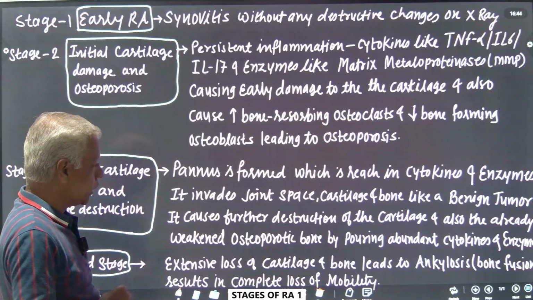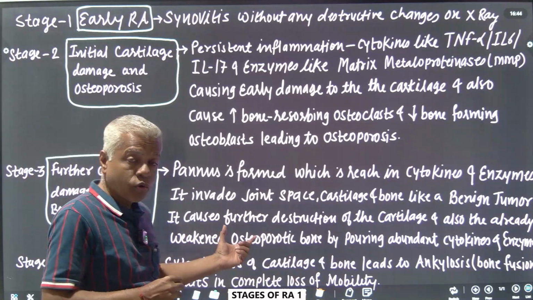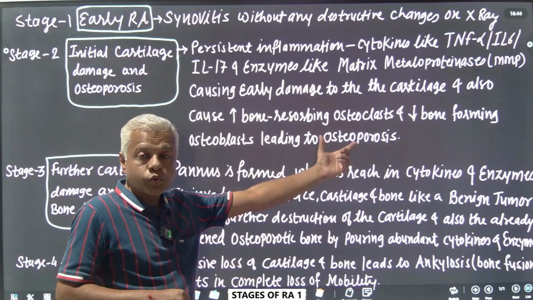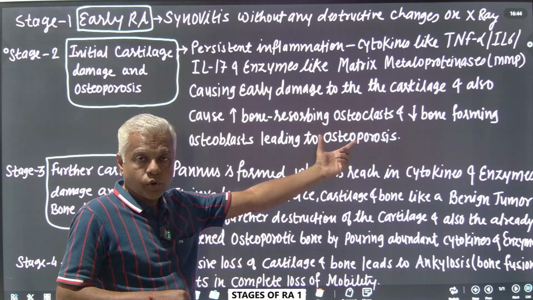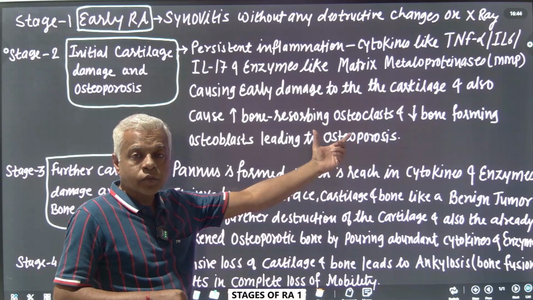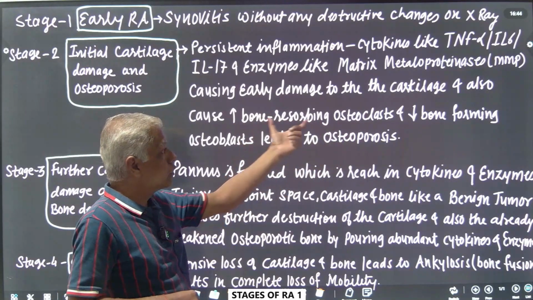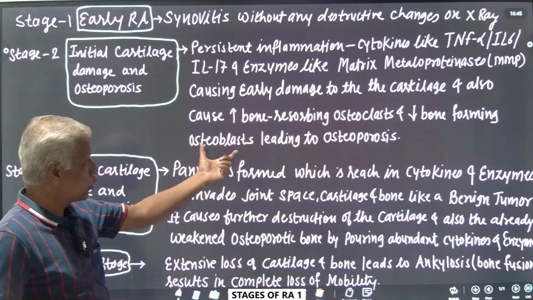Now, one more thing here, that the bones which are involved in these joints are already weakened because of the osteoporosis. In this stage 2, we have seen that these involved bones in the joints are already weakened. Why? Because we have seen that there is an increase in the bone-resorbing osteoclast and decrease in the bone-forming osteoblast.